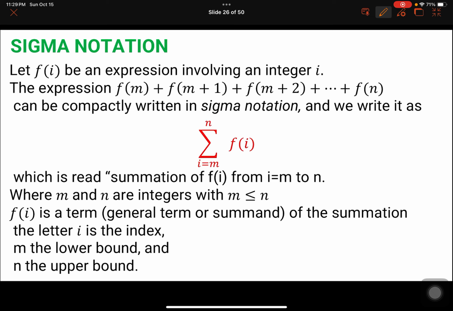Ayan, the summation of f sub i, where i is equal to m up to n. Okay? So, same lang tayo ng mga definition natin kanina. Nakasulat doon.